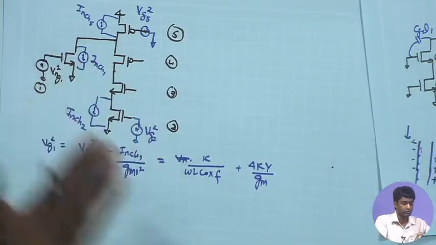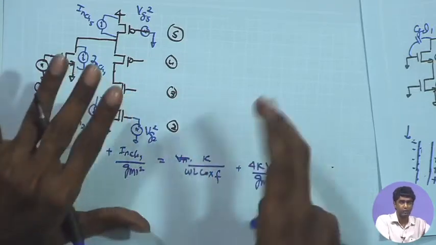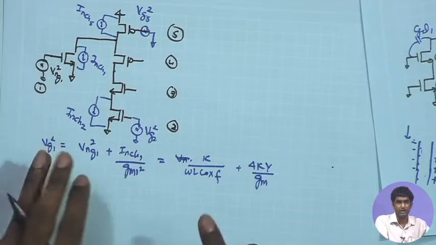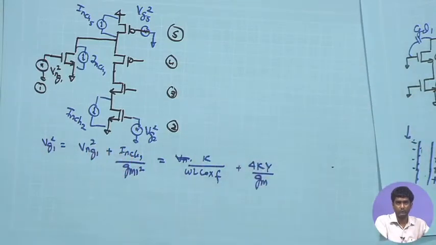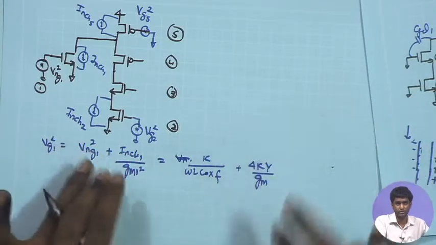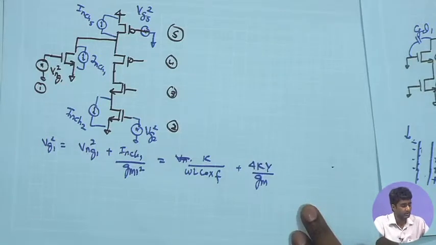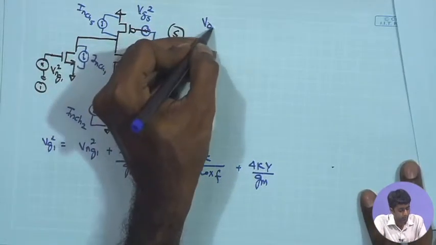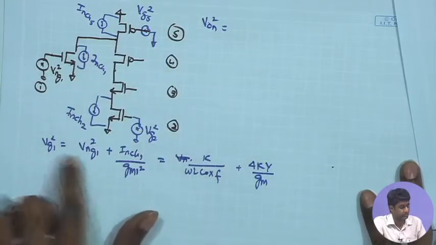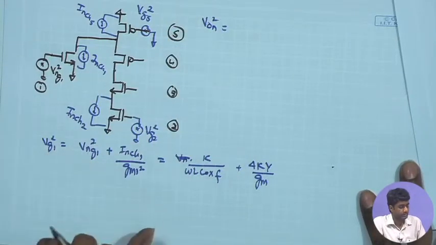So, in order to distinguish which GM and which RO is going to contribute to noise in which fashion, I would like to preserve the subscripts. I should not simply write it down as GM RO whole square. I have to identify which GM and which RO is contributing in what fashion. So, let us preserve the subscripts and calculate the VON square, that is our total output noise because of the VG1 square.